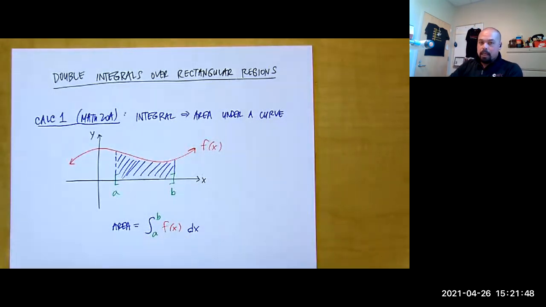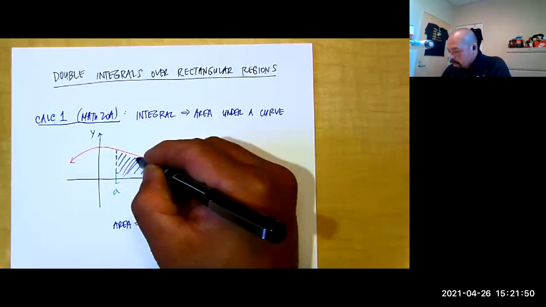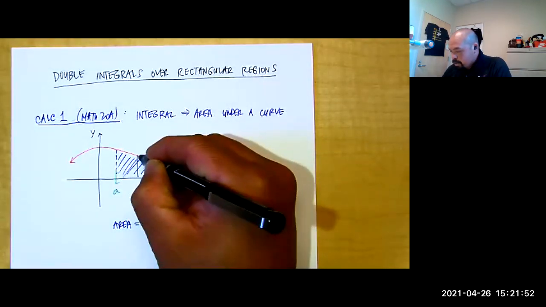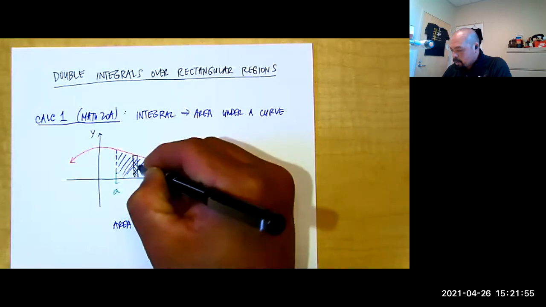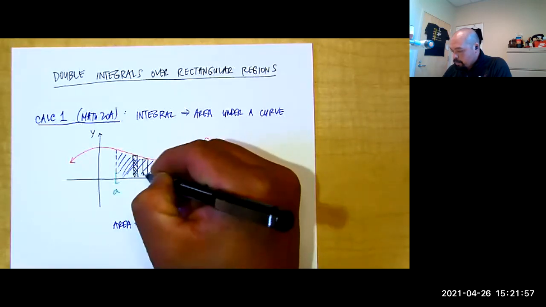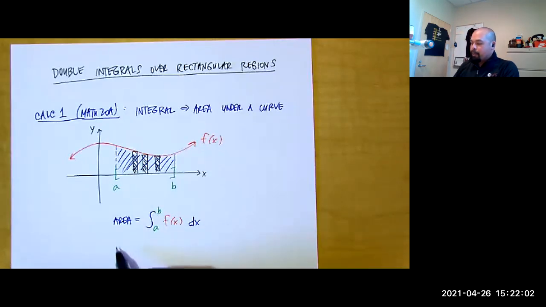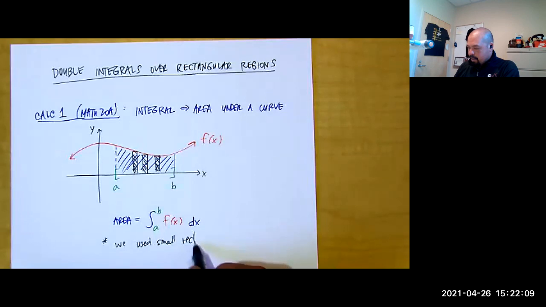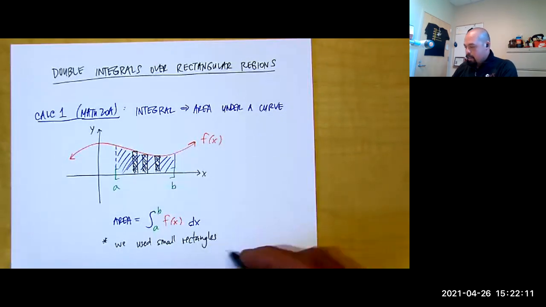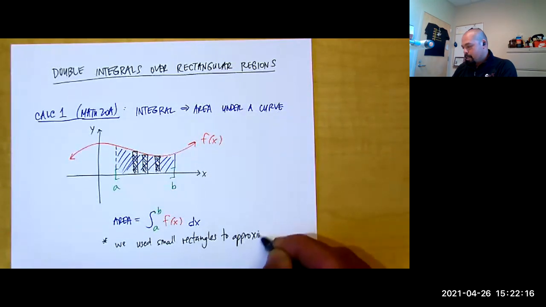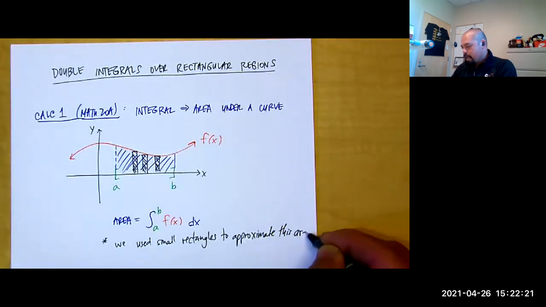And even there, visually, we went a step further about how we would approximate that area to begin with. How will we get that quantity? Remember that we used small rectangles to approximate that area, that integral.